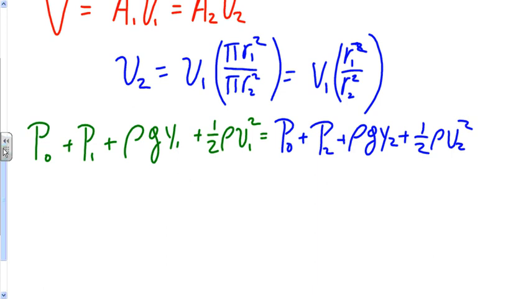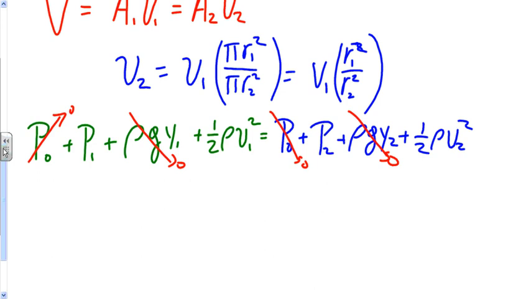Now, it said in the problem that the pipe starts horizontal and remains horizontal, so our heights remain the same. So as far as the potential term, we see that those two pieces cancel out. We also have that the atmospheric pressures cancel out because we're only talking about the pressure inside the pipe, so those two go to 0.